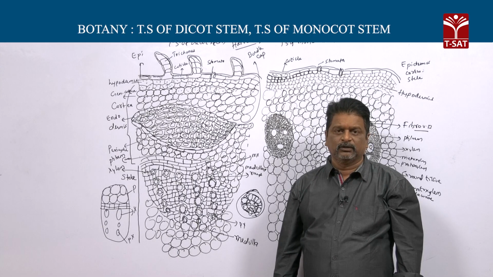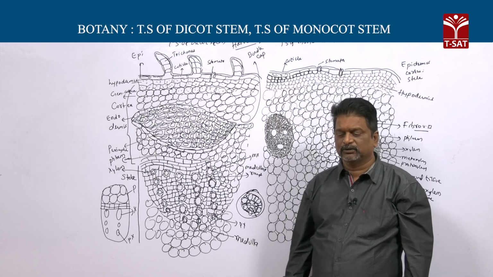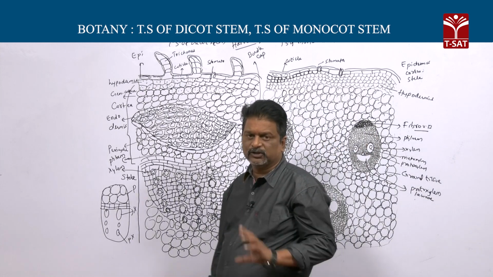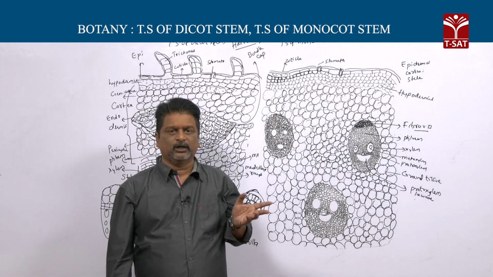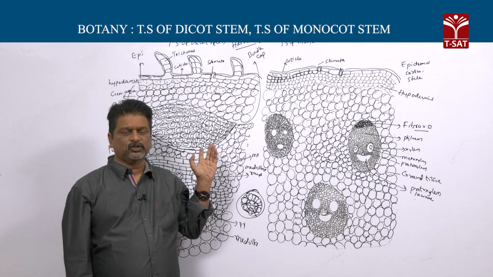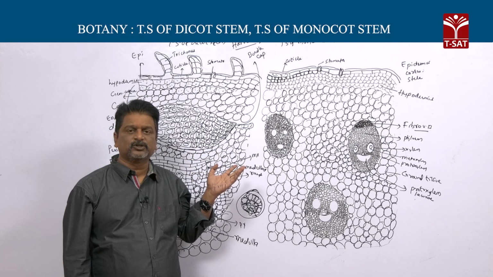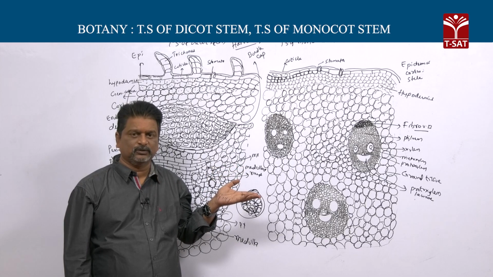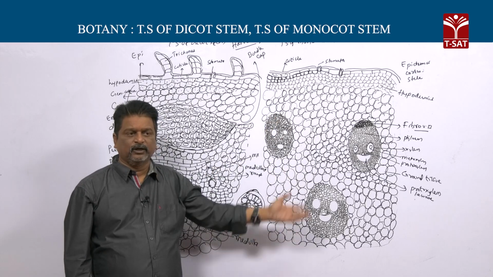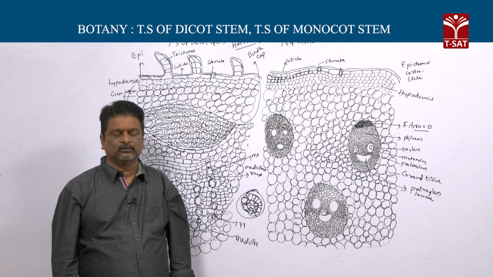That is why some of the endodermal cells show thin walls. Such thin walled cells are called passage or transfusion cells. They help in conduction. In dicot stem, there is endodermis, but it stores starch, so it is called the starch sheath. In monocot stem, endodermis is absent.